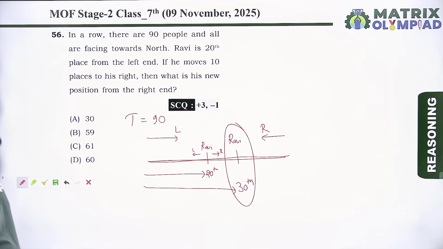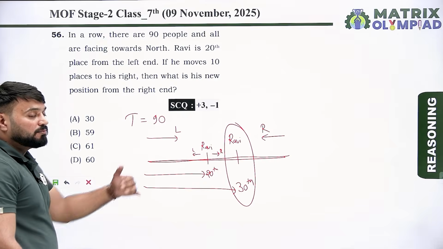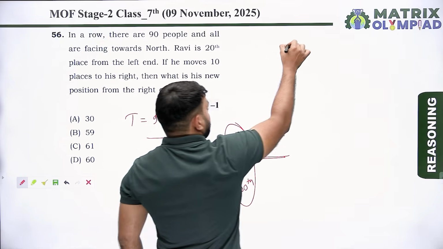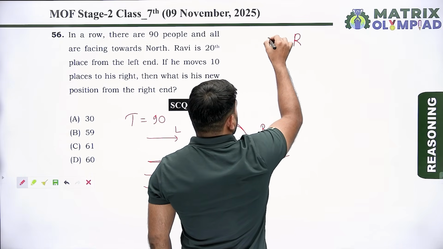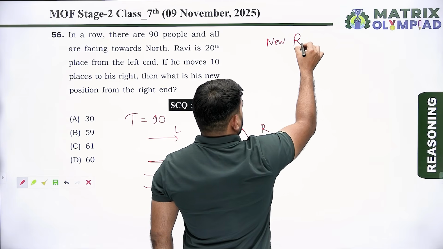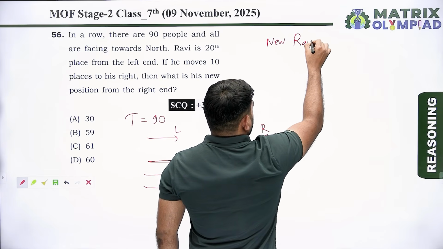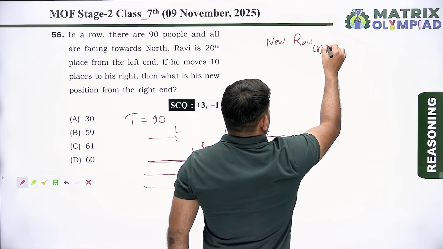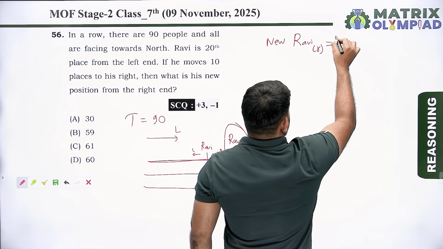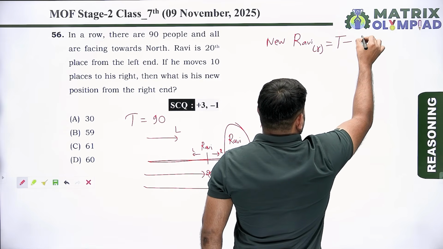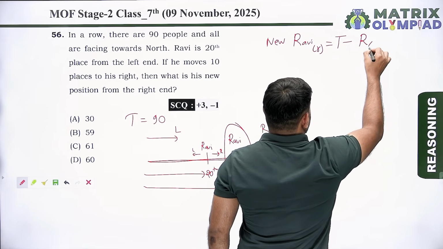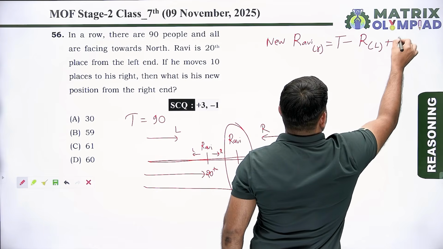Now find the new position of Ravi from the right end. So here the formula is total minus new position of Ravi from the left plus 1.